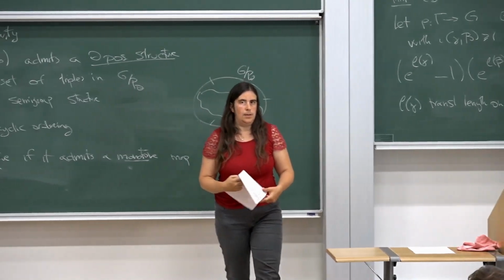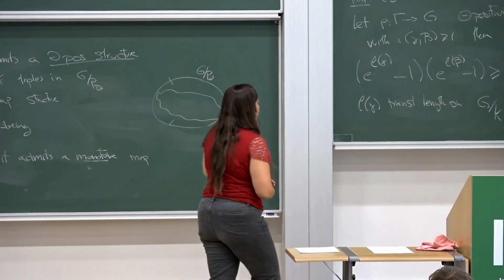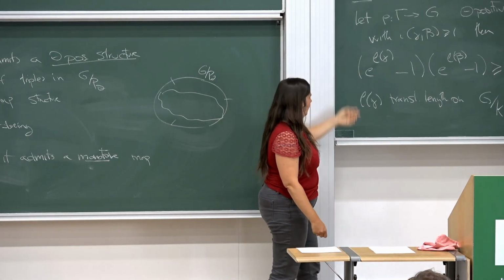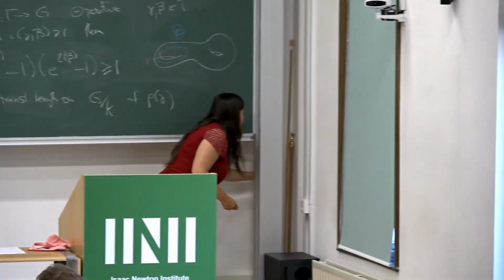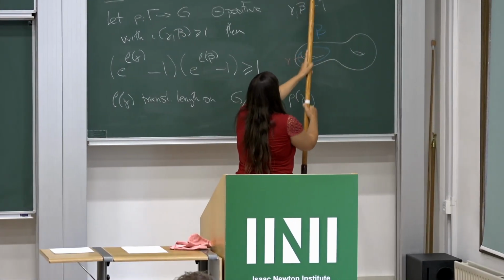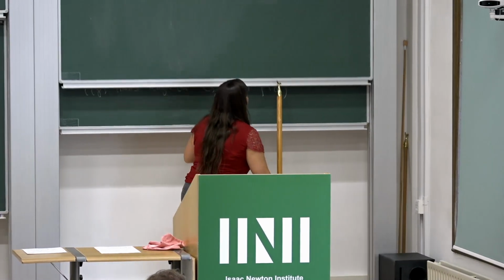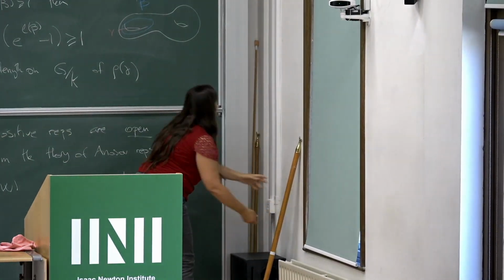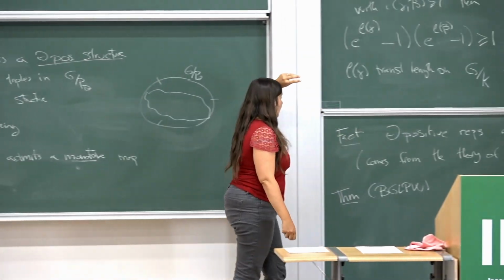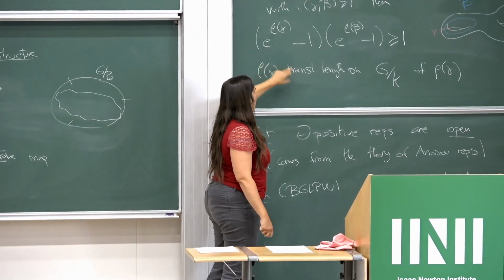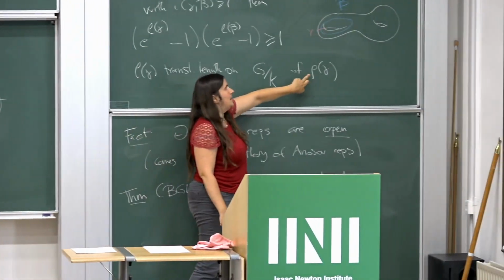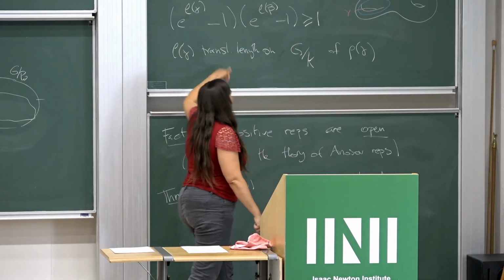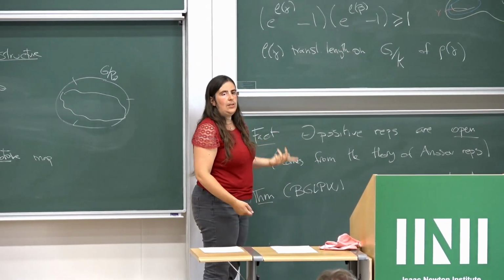Okay, so why? This is inspired, as I was saying, from Teichmüller theory. Let me tell you what this means. Rho was the representation from Gamma to the isometry group of this non-positively curved manifold, and so rho of gamma acts on this symmetric space and translates by something.